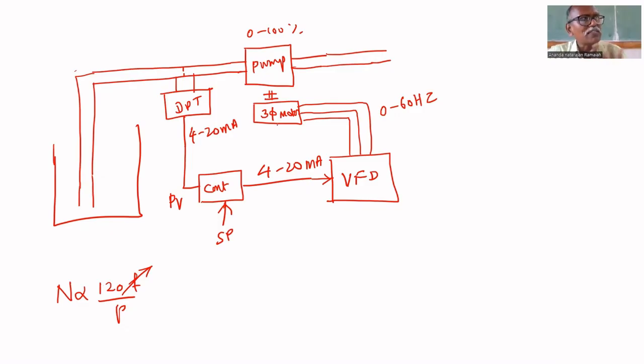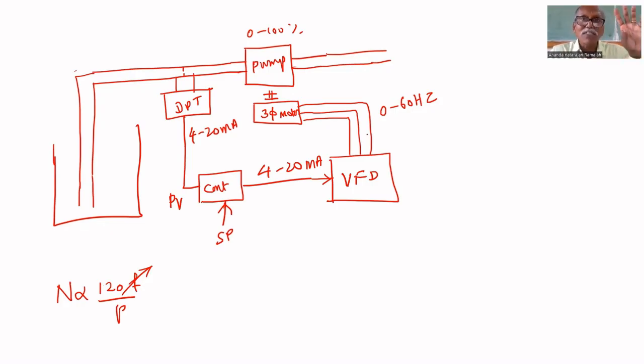Let us assume that the motor runs at 60 hertz. Canada's standards are 60 hertz, but Indian and UK standards are 50 hertz. So it's a 0 to 60 hertz power supply.